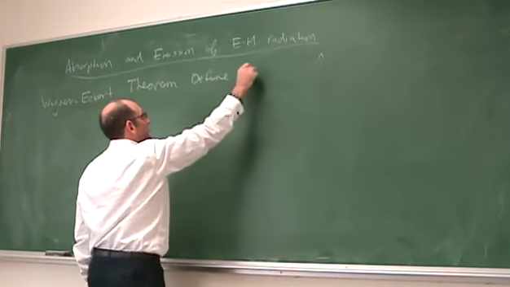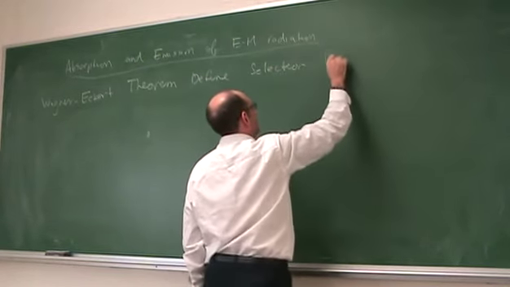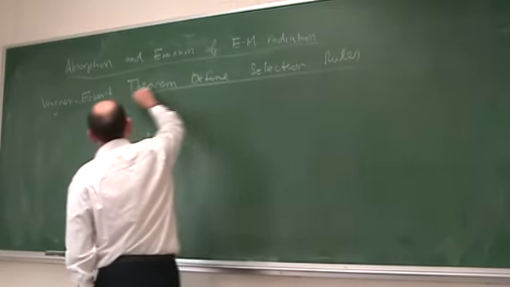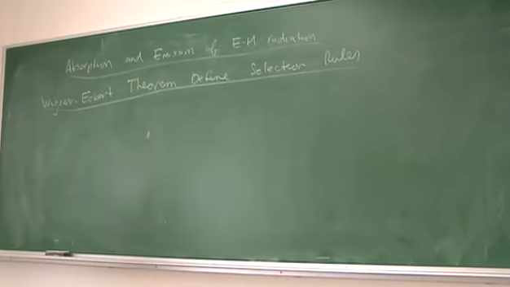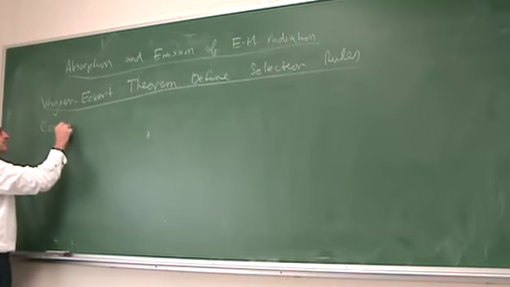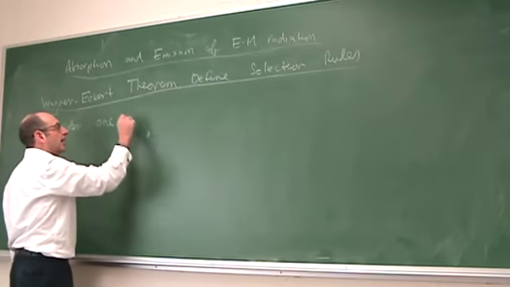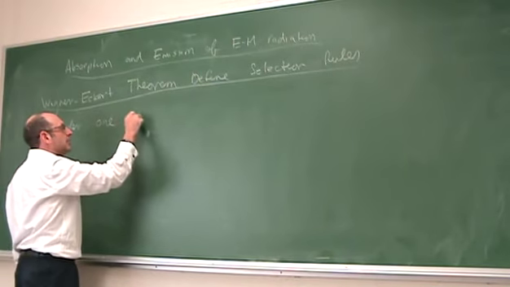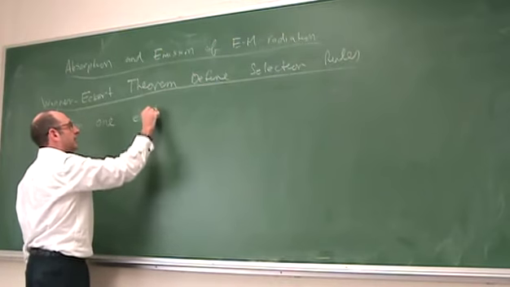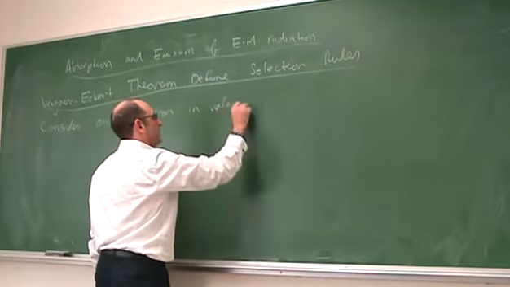defines selection rules. What do I mean? Let's consider one electron in valence shell.